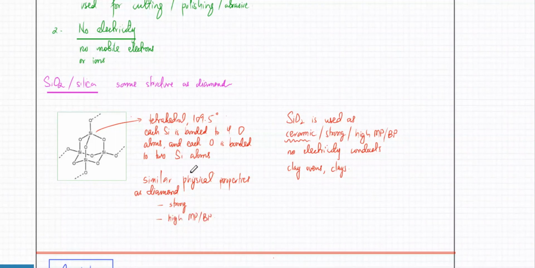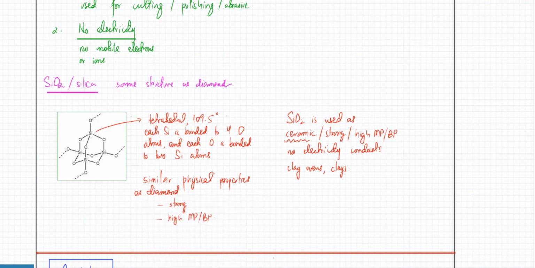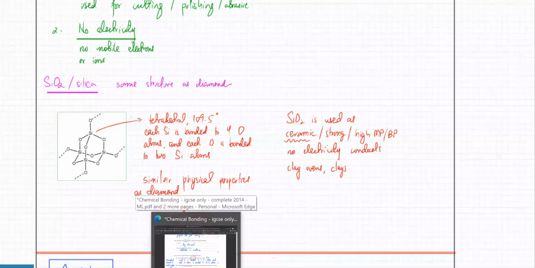You make pots and pans and different things out of clay, so they're really strong as well. Most of the rocks that you see around you are SiO2. They are a structure that contains SiO2. So those rocks are really strong as well. That rock is crushed to form sand. That's where you get sand.